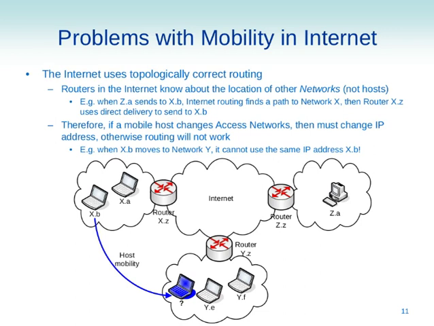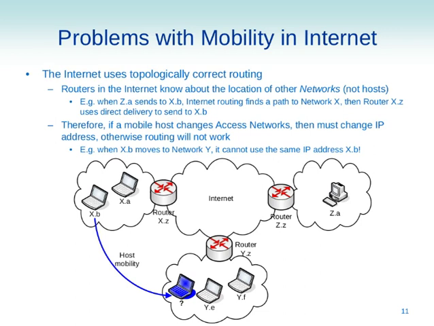Destination, next node. Let's say there was some router A.A in the middle, and that was connected to X.Z. Then it would have an entry to reach X.anything, subnet X, send to X.Z here.